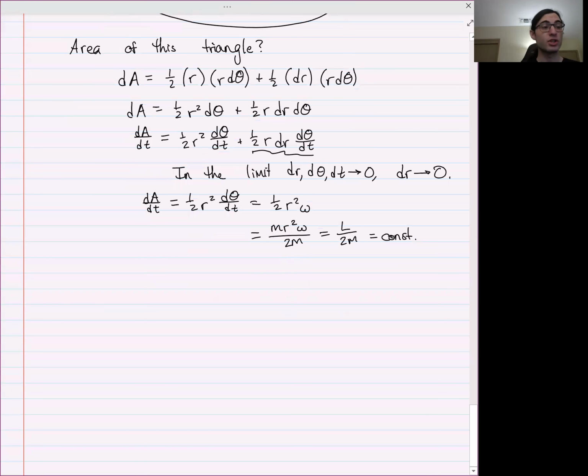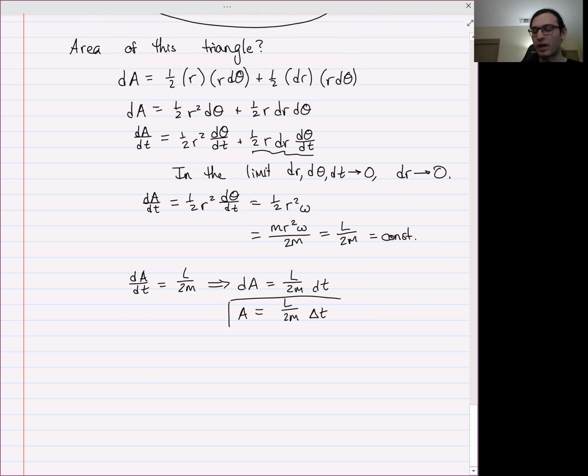But just to be double sure, we can integrate this formula, dA/dt equal to that, in order to find the area of some fixed duration slice that an orbit sweeps. So we have dA/dt is equal to L over 2m, L being the angular momentum, which tells us that dA is equal to L over 2m dt, or after integrating, we get that A is equal to L over 2m times delta t.